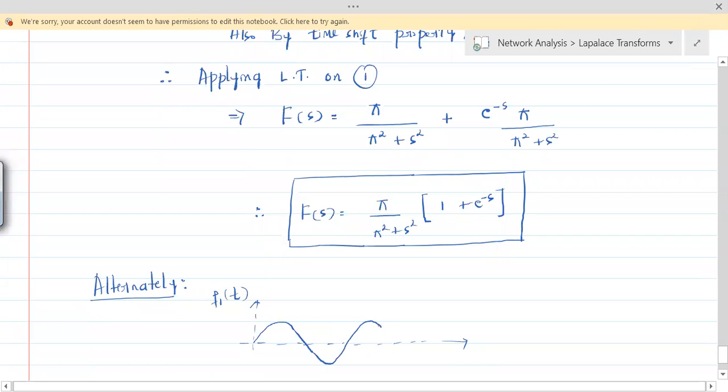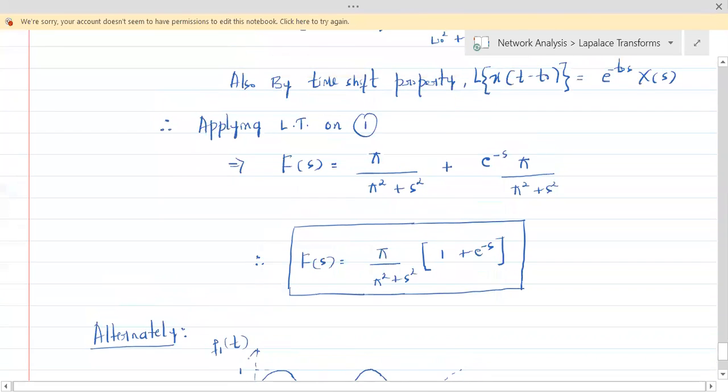Let's write it like this. We'll just go on and on. And what is this? 0, 1, 2, 3, 4. So this is our f1 of t. Let's take f1 of t the same.